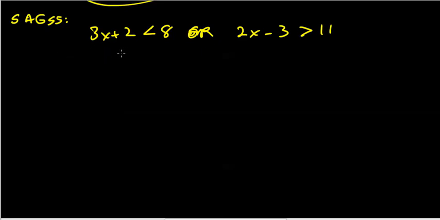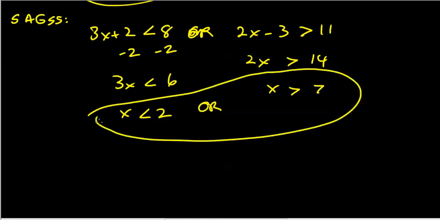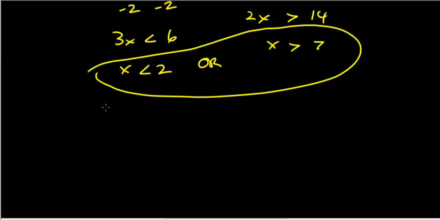If I subtract 2 from both sides, I leave the inequality arrow alone, I get 3x is less than 6. I'll divide by 3, and I get x less than 2. Simple enough. Or, on the right branch, if I add 3 to both sides, I get 2x is greater than 14, which reduces to x is greater than 7, dividing both sides by 2, and I get this solution set here, x less than 2 or greater than 7.